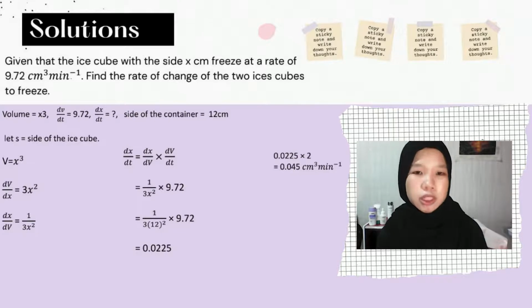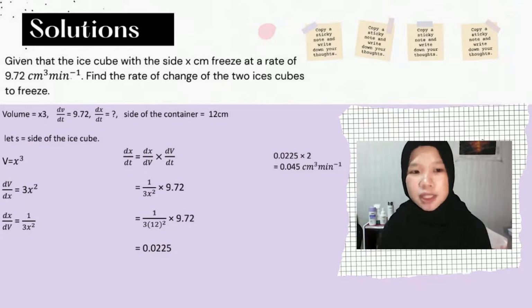From the question, we know that the volume of the ice cube is x to the power of 3, and the rate at which it freezes is 9.72. What we are going to look for is dx/dt, which is the rate of change of the two ice cubes to freeze. In the problem statement, we know that the size of the container is 12 cm.